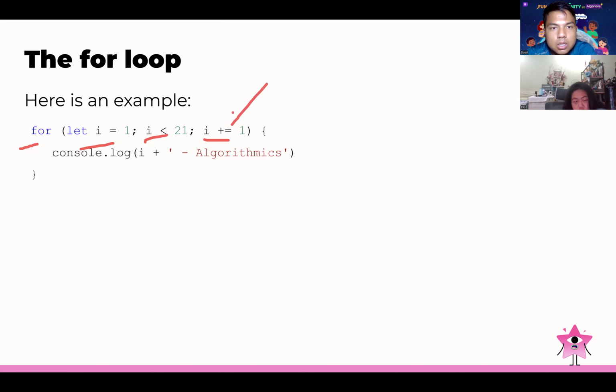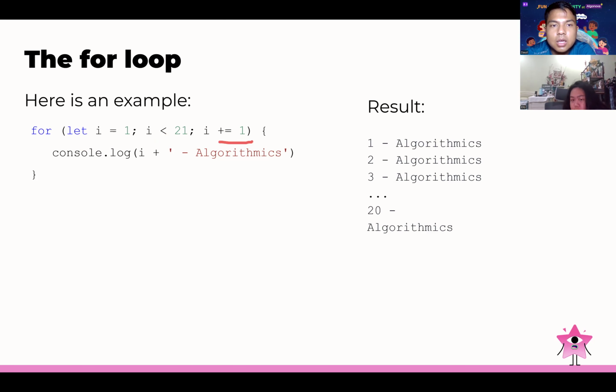How many times will this loop run? Well, 20, right? Yes, it's 20, because it starts from 1 and is less than 21, not less than or equal. And the step is only 1. That means it will run 20 repetitions.